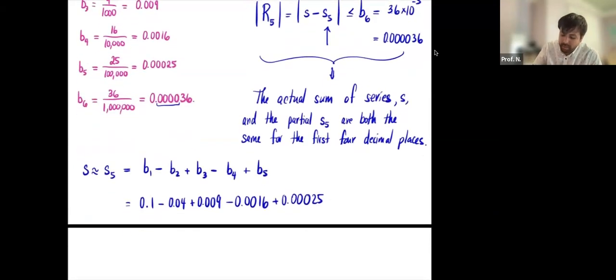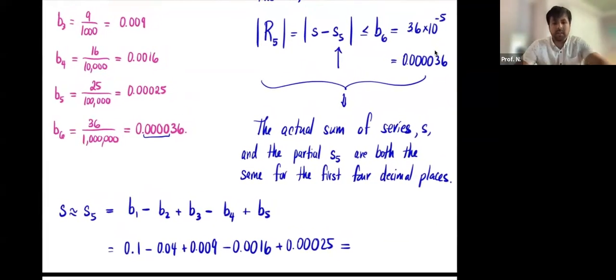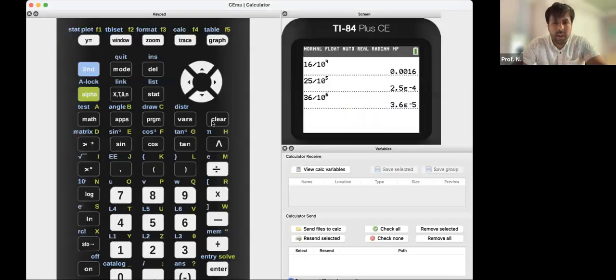If I add these numbers, I should get the sum of an approximation that is accurate to the first 4 decimal places for the actual sum. So now all it takes is to actually add this up. I'll share my calculator here. I'm just going to add them as if they were actual fractions.